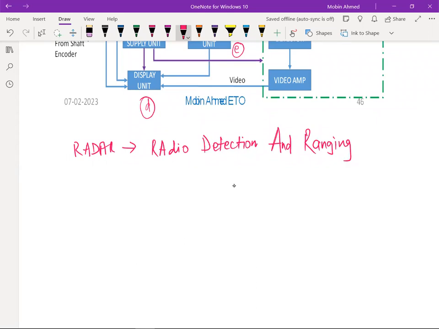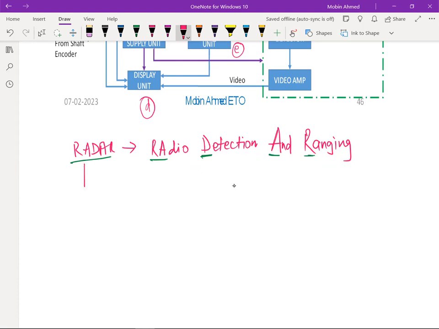RA is taken from here, the acronym D, A, and R. So it becomes radar. This is the acronym of radio detection and ranging. Okay.